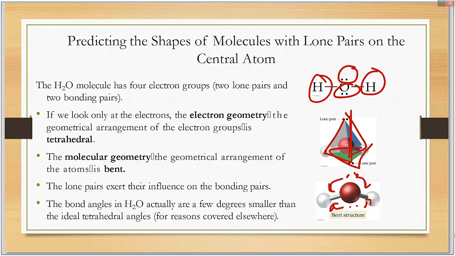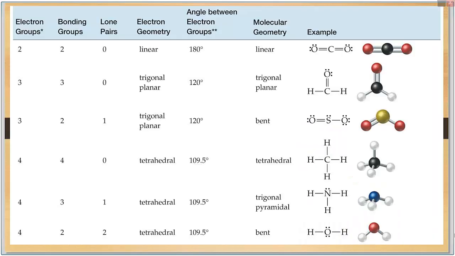Alright, so here's an overview of all the ones that you'll need to know. We have the electron geometry here. That's what it is if you were to have everything covered. For instance, tetrahedral, because there are originally 4 triangles on it. Notice that there are 4 groups. So this goes with this.